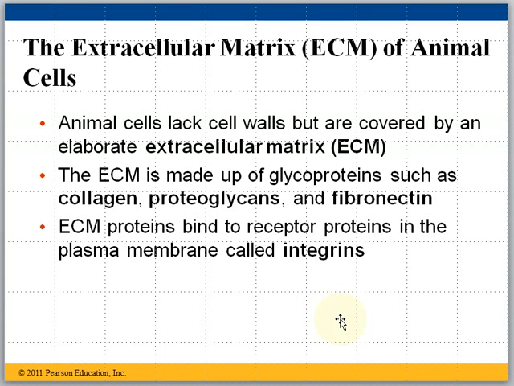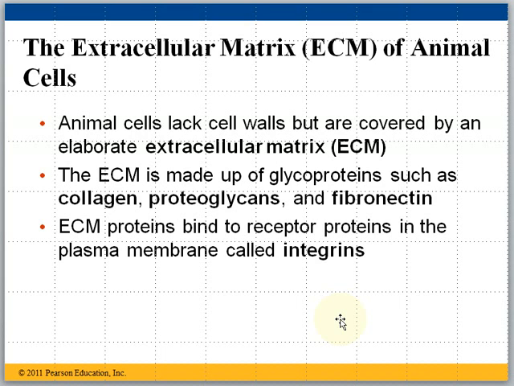In this ECM, there is all sorts of material. There are glycoproteins, which are large macromolecules. There's collagen, which we've discussed a little bit before, proteoglycans, fibronectin, a huge variety of connective tissue. Collagen is a big one. As a matter of fact, collagen is about 40% of all of the protein that you would find in your human body.